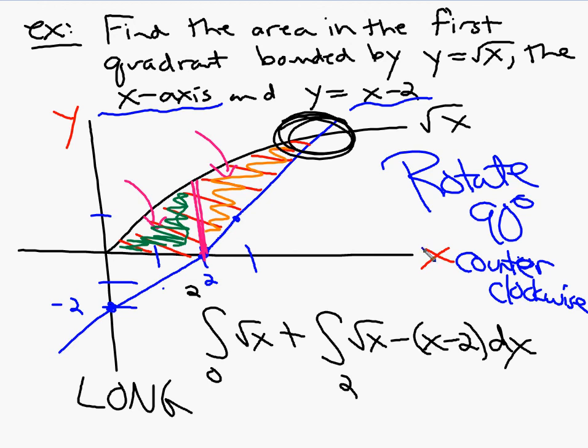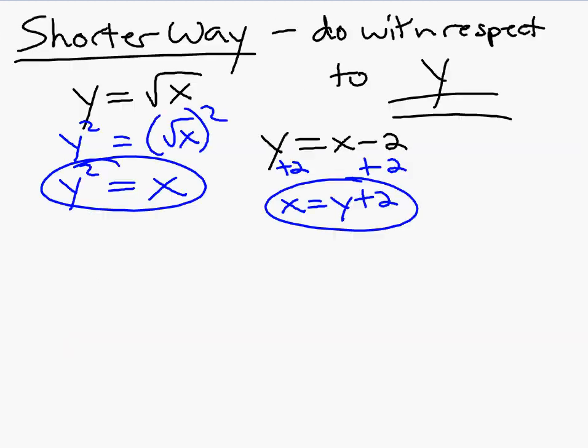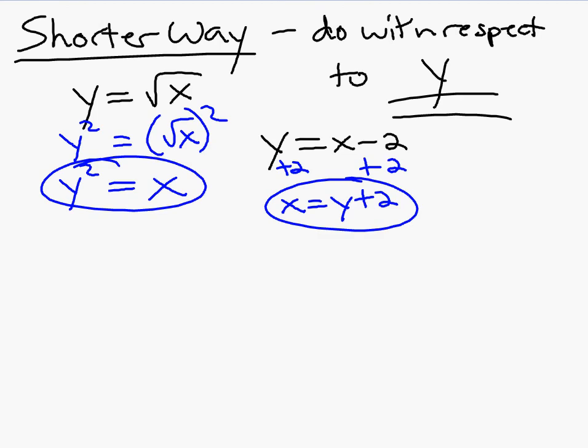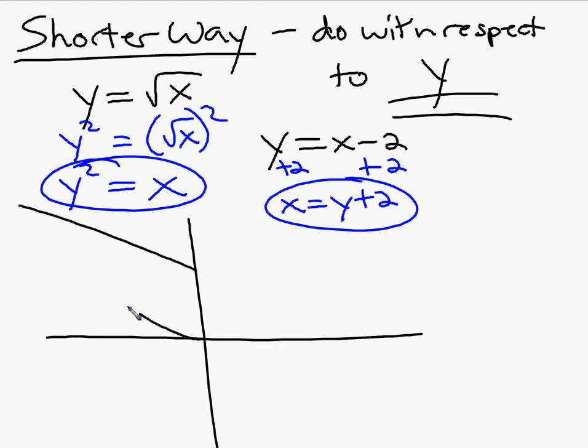Now notice, there's my x, there's my y. So we're going to rotate this exactly 90 degrees so that the graph looks like this. All I did was take the original graph and rotate it 90 degrees.